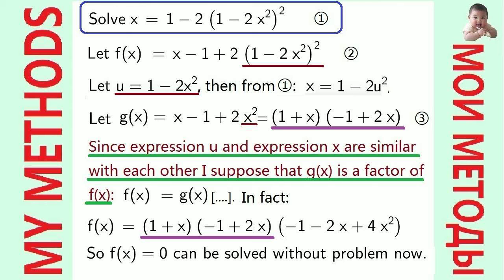In fact, f(x) equals g(x) multiplied by this. So f(x) = 0, I mean, our equation can be solved without a problem now. Am I right?